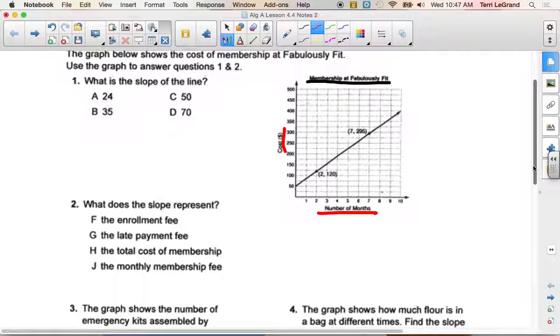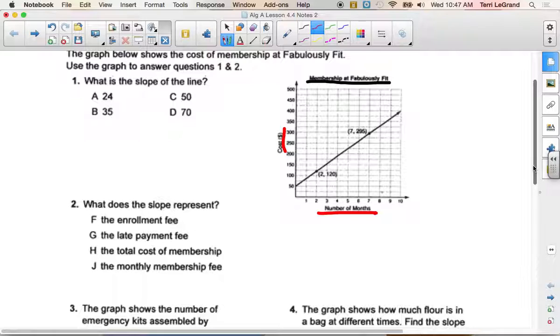Each grid line is $50? Are you sure? Take a better look. 25. Every $50 is labeled, but the y-axis is actually going up by $25 for every grid line. Okay, and that's an important thing that we have to observe also.